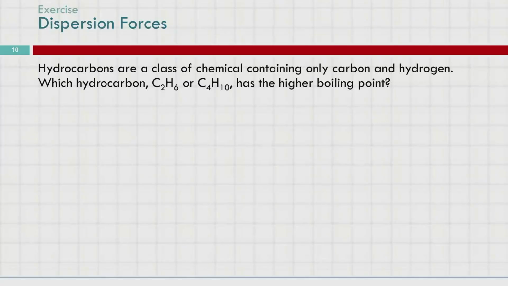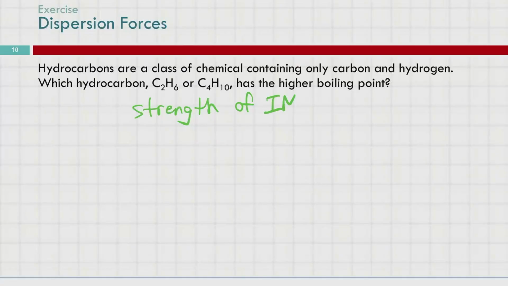So we're comparing within a class of chemicals, or a class of compounds. So there's a way that we can compare their intermolecular forces. Intermolecular forces determine or play a role in boiling point.